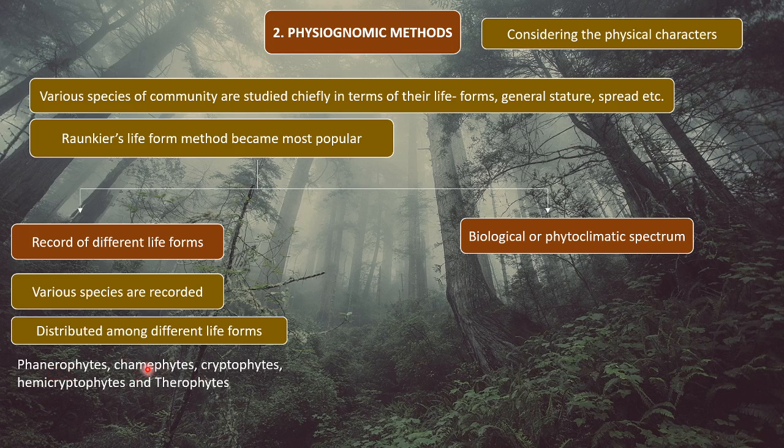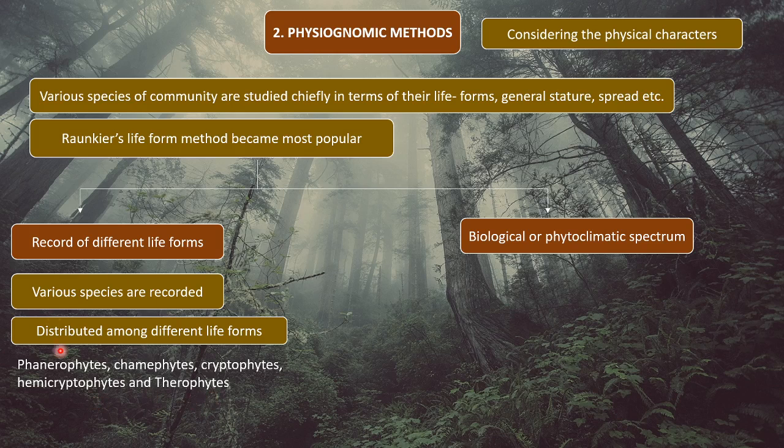Then chamaephytes, then cryptophytes, and therophytes are the desert plants, and they have their buds hidden. So depending upon the environmental conditions, what is the position of the perennating buds? Based on that, Raunkiaer classified plants into these 5 groups.